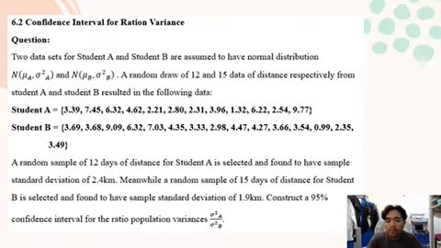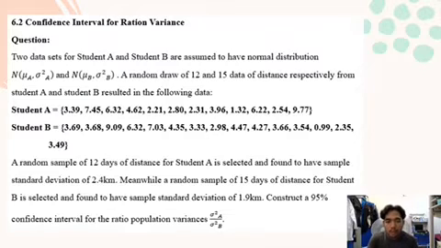A random sample of 12 days of distance for student A is selected and found to have sample standard deviation of 2.4 kilometers. Meanwhile, a random sample of 15 days of distance for student B is selected and found to have sample standard deviation of 1.9 kilometers.